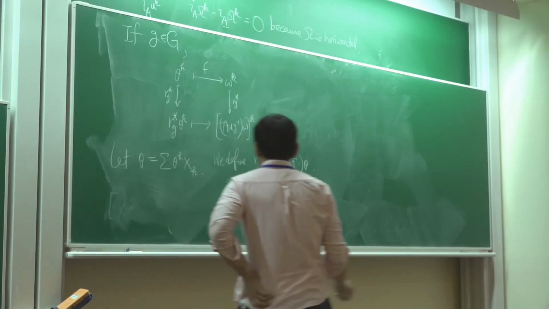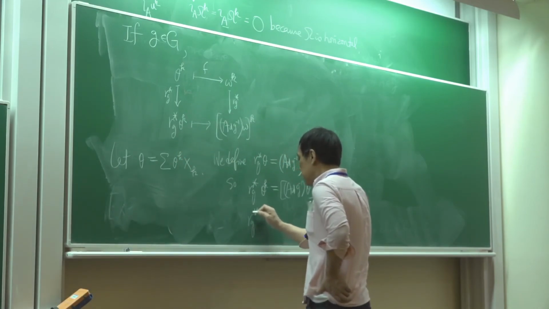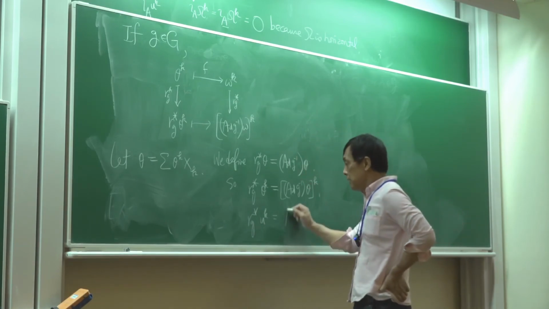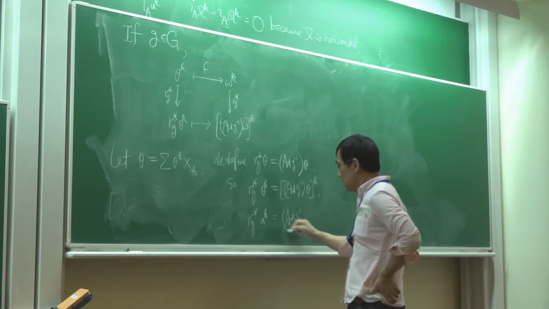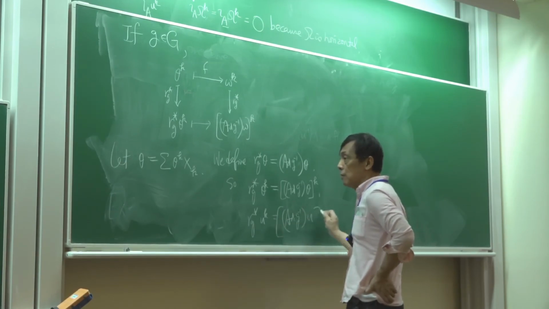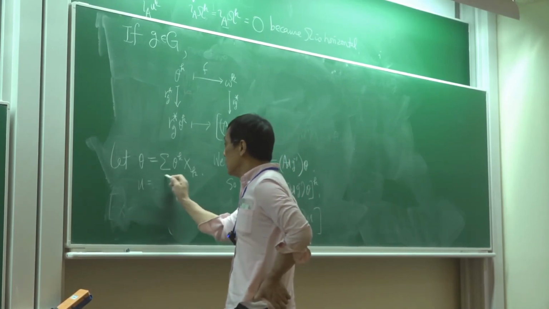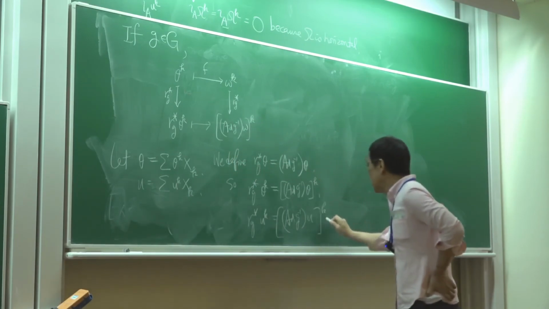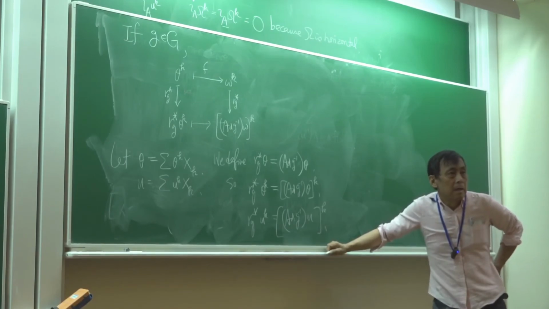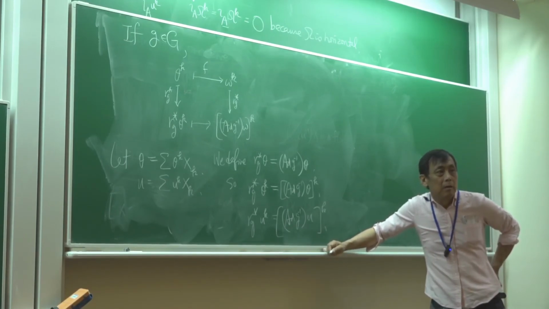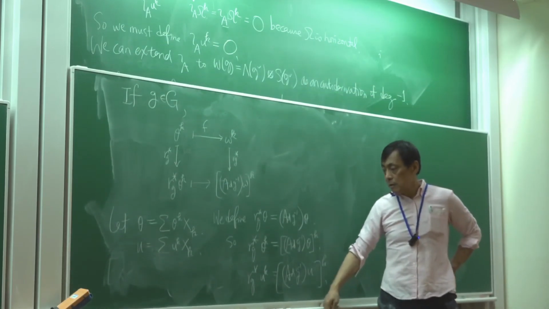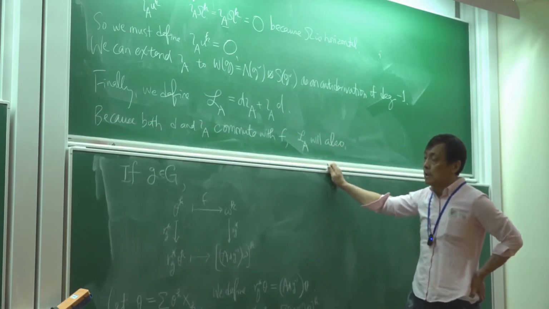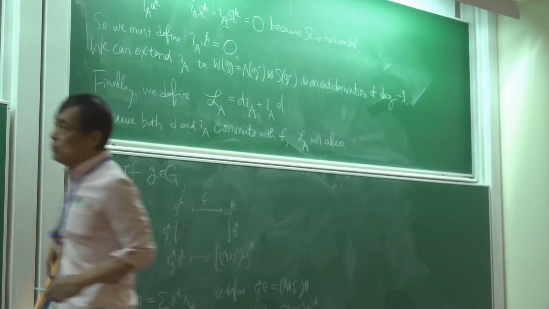Oh, and then RG star of UK will be the kth component applied to U. So you let U be the sum of UK xk. Okay, so now I know how to right translate the generator by RG star, and I extend it to an algebra homomorphism.